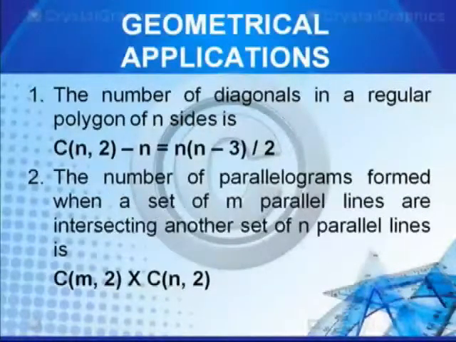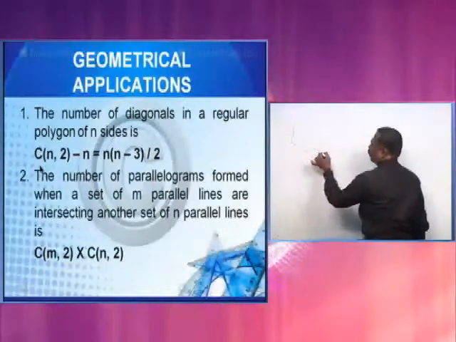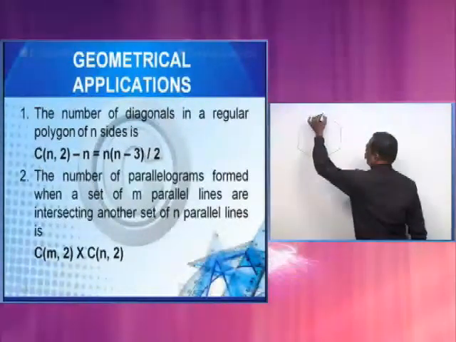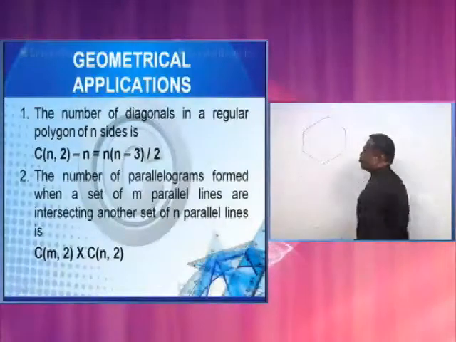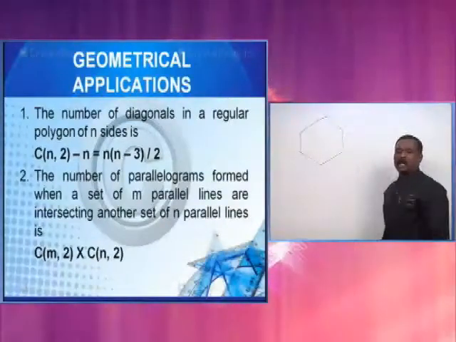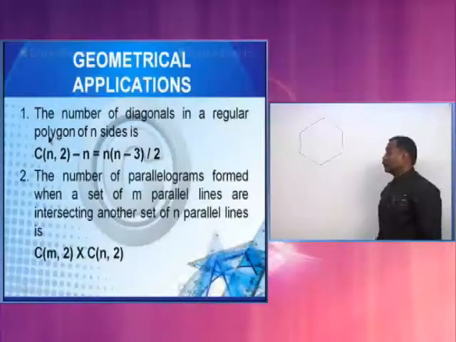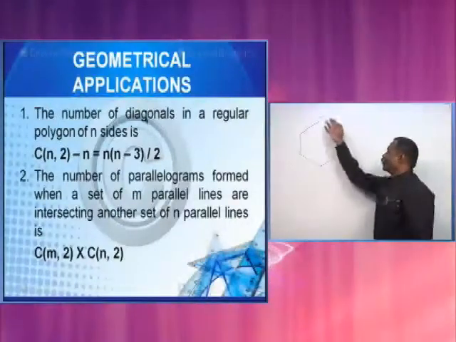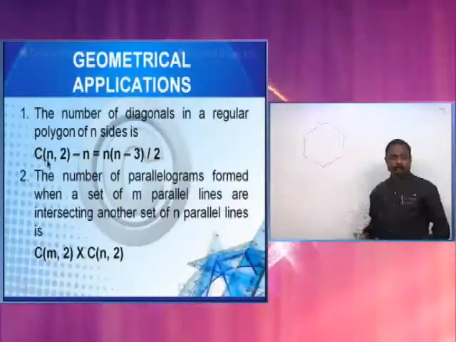Geometrical applications means, see that one carefully, the number of diagonals in a regular polygon of n sides. The number of diagonals of an n-sided polygon. Rather, I have taken 1, 2, 3, 4, 5, 6, a hexagon. What does it mean?